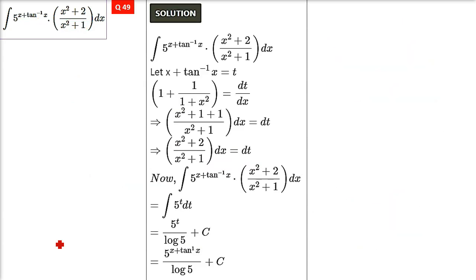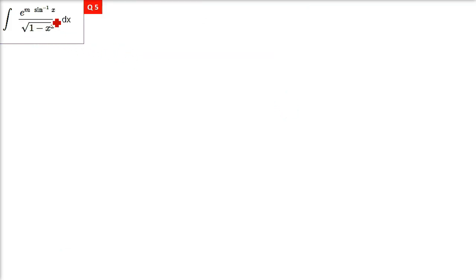So this is the way you're going to solve it and write it, because logic is something different, but writing is altogether a different art. Next: e raise m sine inverse x divided by under root 1 minus x square. Now here there are two things. Either you can assume sine inverse x as t, or you can take m sine inverse x as t. Both ways it's possible.